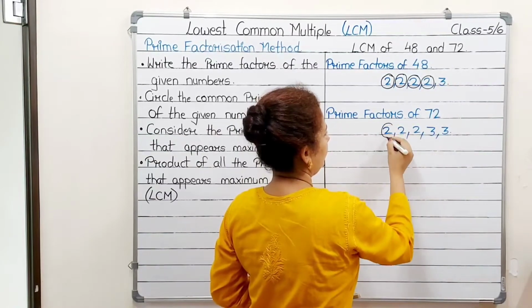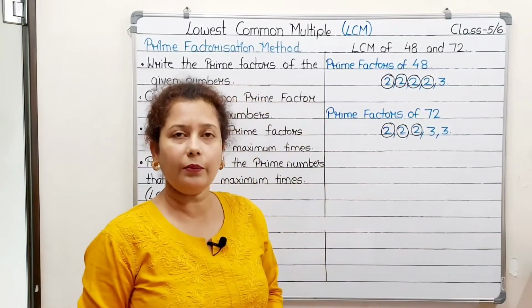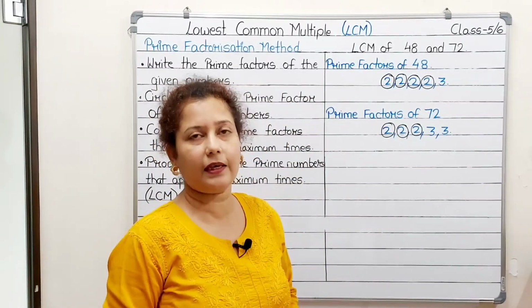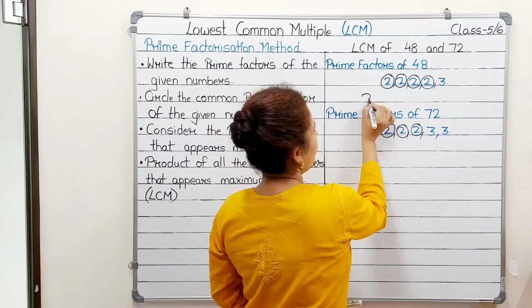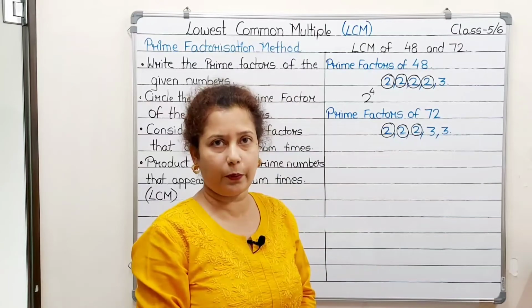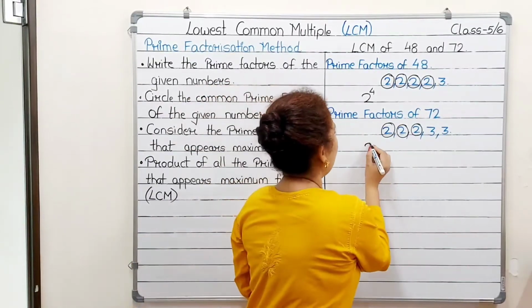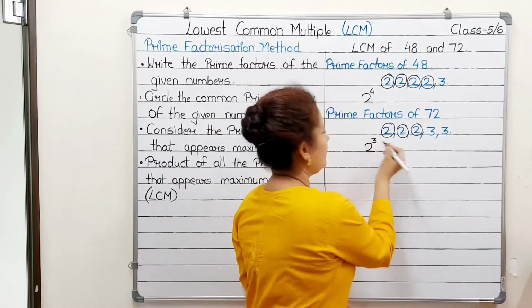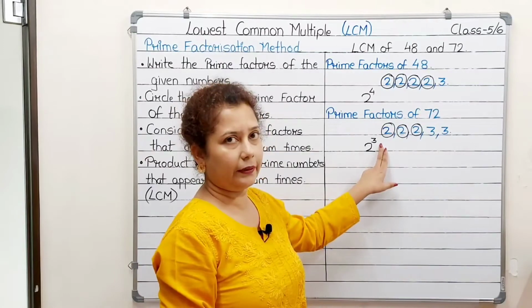And then we will write how many times 2 is present in a particular number. In 48, 2 is present 4 times, so we will write 2 raised to power 4. And for 72, 2 is present 3 times, so we will write 2 raised to power 3.